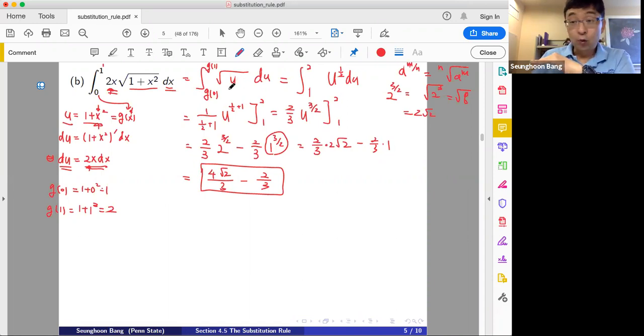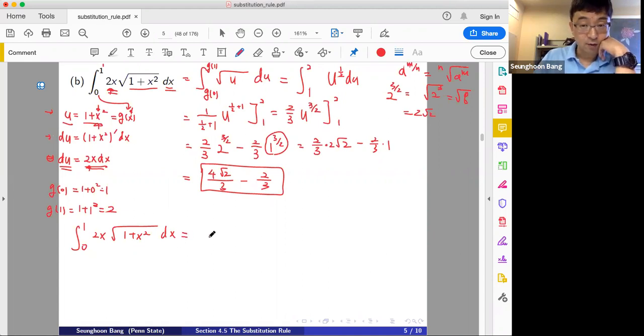So one more. If you don't want to change the lower limit and upper limit, we have another method. We use the same problem here. Another method is like this: 2x times the square root of 1 plus x squared. You can use the same u substitution, exactly the same. So we have the integral, without writing the lower and upper limits, of the square root of u du.